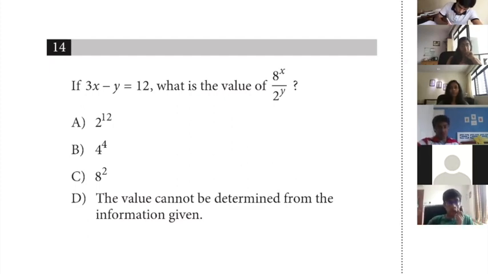You can write 8^x over 2^y as 2^(3x) over 2^y. Because the base is the same, this can be 2 to the power 3x minus y. Oh, can you not see?